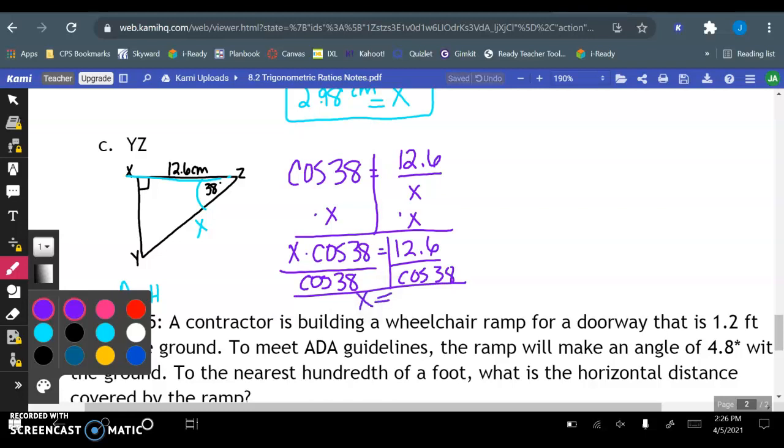So x equals, and then in my calculator, 12.6 divided by the cosine of 38. And I get an answer of 15.99 rounded to the nearest hundredth. These are centimeters.